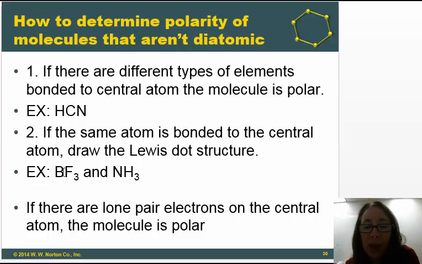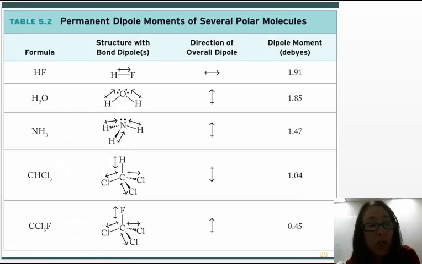So if we have a central atom that has the same atom bonded to it, we have to draw out the Lewis dot structure. And if there are lone pair electrons on the central atom, then the molecule is polar. So if we look at ammonia, we draw out its Lewis dot structure, there is a lone pair on the central atom. So that means it is polar.